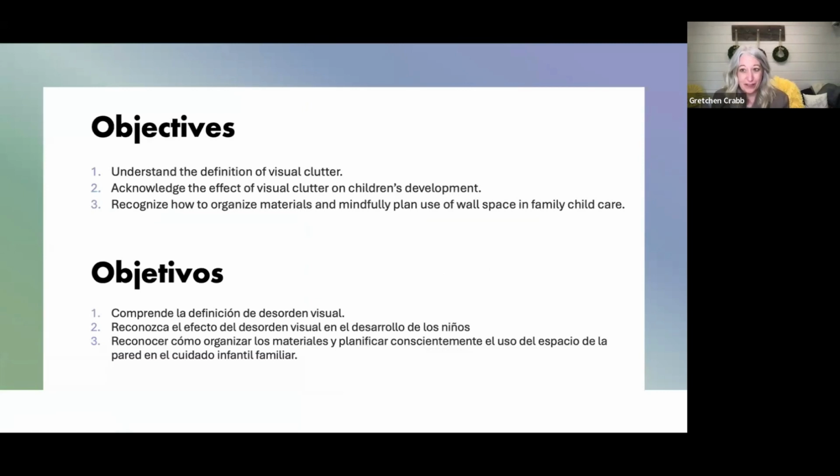We're also going to talk about visual processing, visual clutter, and the impact of that on children's development. We're also going to take some time to talk about typical visual development from birth, and then how that relates to environment. And then we're going to talk lots about how to think about materials and how to plan and use space in your home in order to help promote visual development.